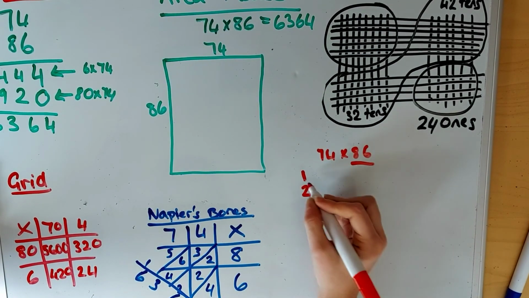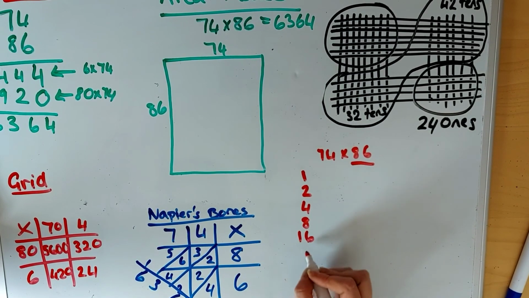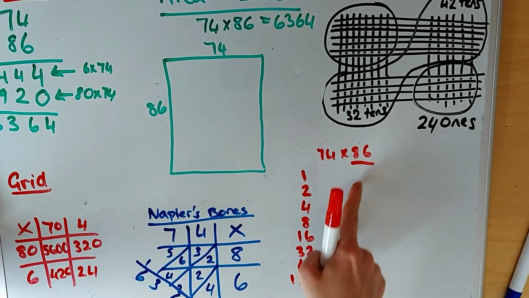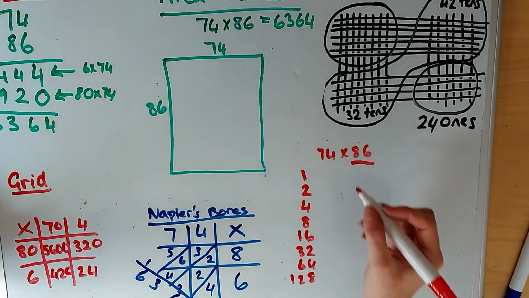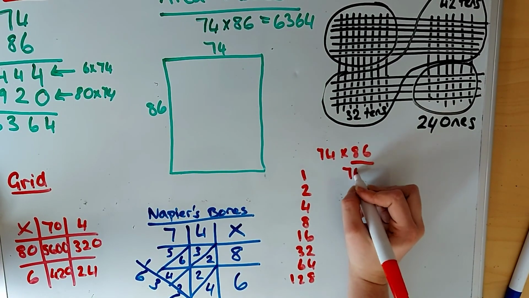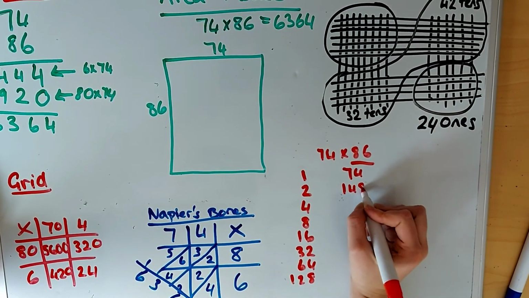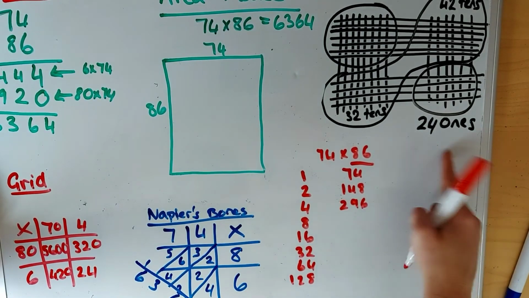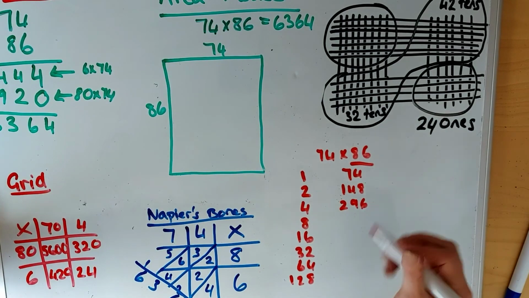So 1 doubled is 2, doubled is 4, doubled is 8, doubled is 16, doubled is 32, doubled is 64, doubled is 128, and that's larger than 86, so I can stop there. And then I'm going to do 74, and again I'm going to double each time. So 74, 148, 296, and don't be afraid, as I've said before, to do column addition on the side, just to make sure.